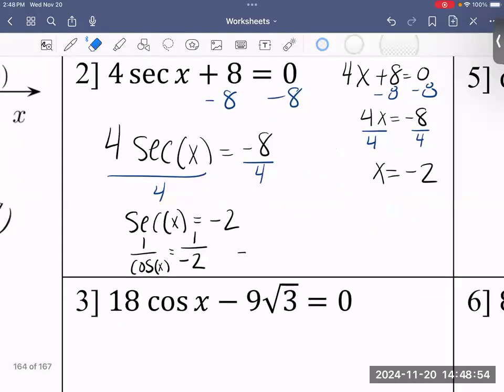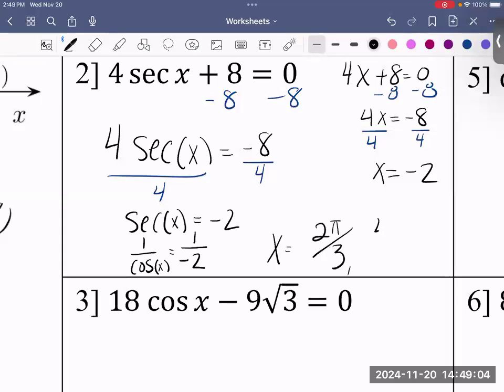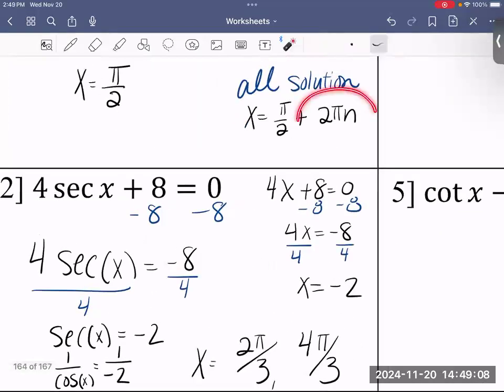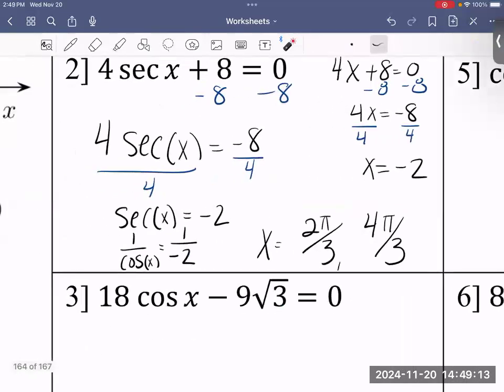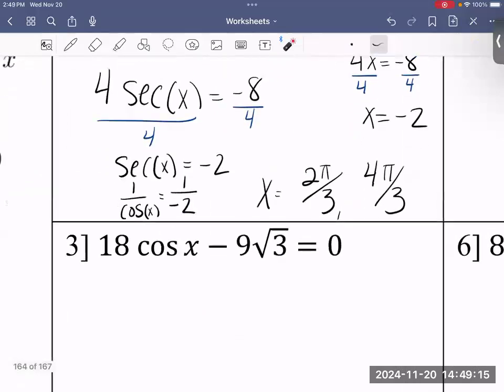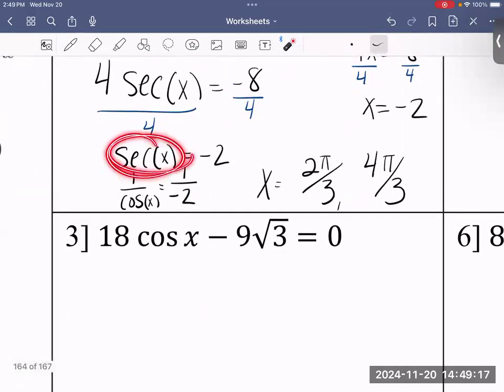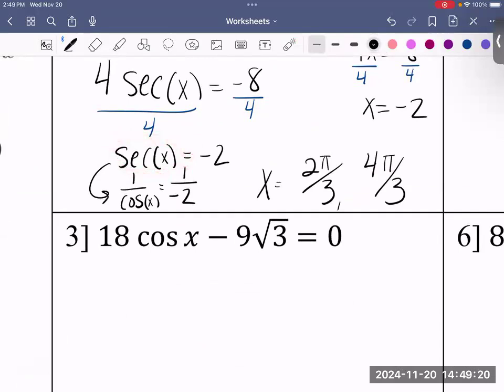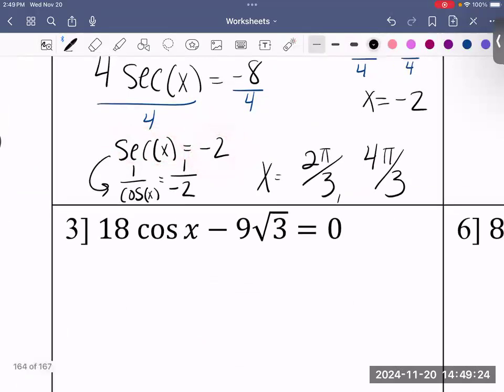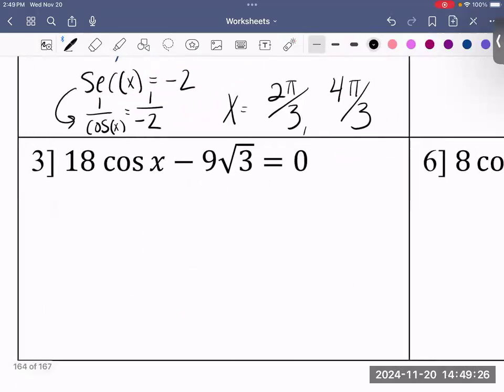So your x is 2 pi over 3 and 4 pi over 3. And again, if they're asking for all solutions, we can just take those two solutions and add 2 pi n. And because this is your reciprocal, right, 1 over cosine, we'll take this response and do 1 over this response as well.